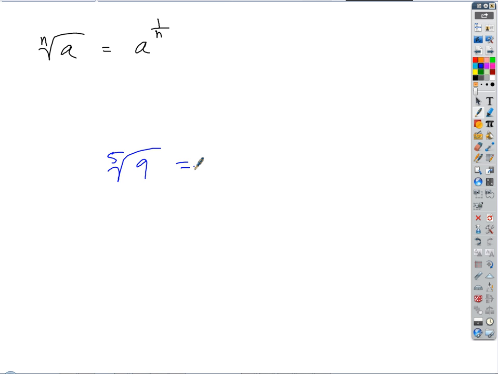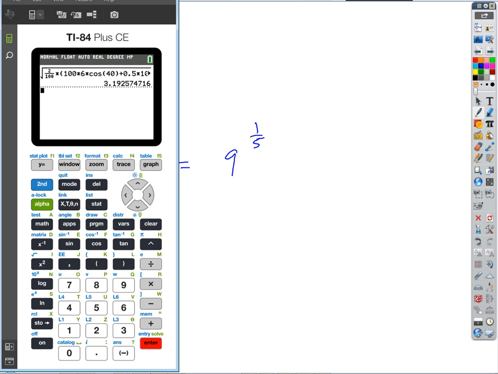So what I can do every time on a calculator that's really easy is I can just take 9 to the power of 1/5. That's pretty simple to do, right? On a calculator, I could just go 9 to the 1 divided by 5, and that's the answer. And 1/5 as a decimal is what?